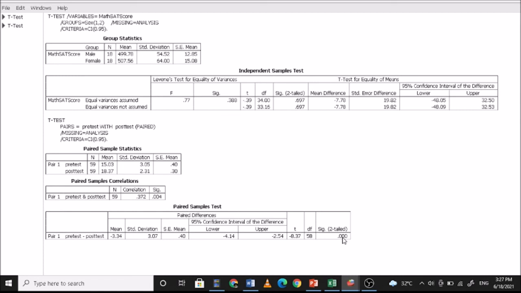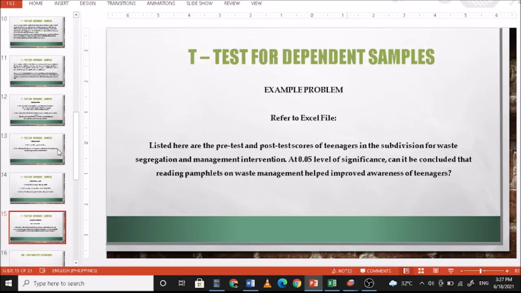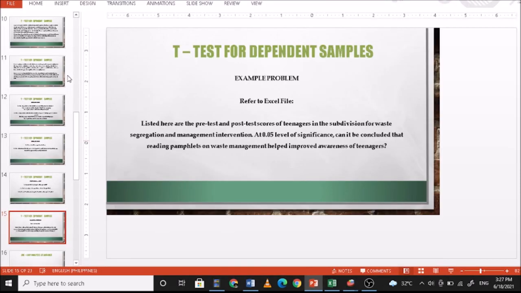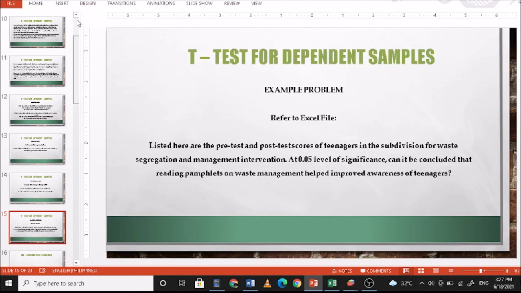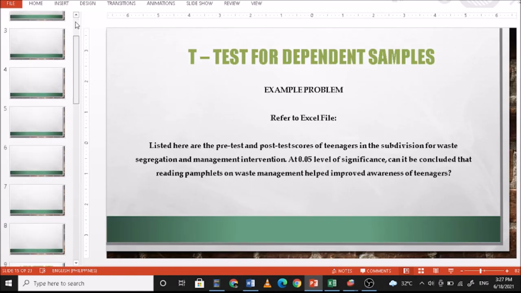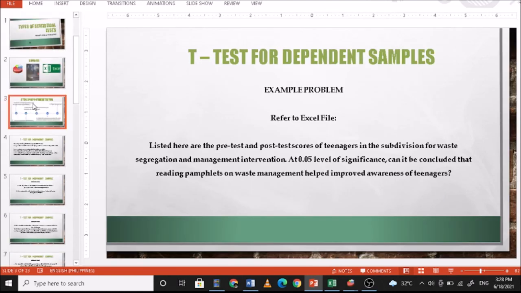Again, you do your five steps of hypothesis testing. For this one, the null hypothesis is that there is no significant difference between pre-test and post-test scores, versus the alternative hypothesis that there is a significant difference between pre-test and post-test scores. Then we have 0.05 level of significance.